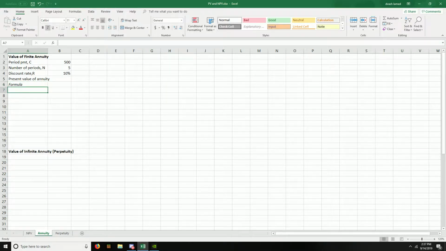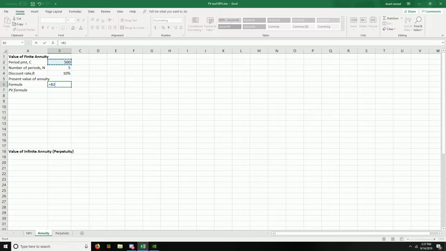And then the PV formula. The formula method will simply take our payment and multiply it by 1 minus 1 divided by 1 plus our interest rate to the power of the number of periods, and then we'll divide this by our discount rate again.